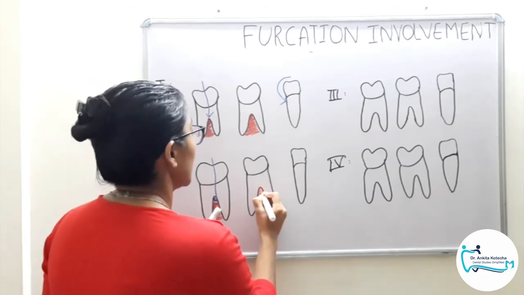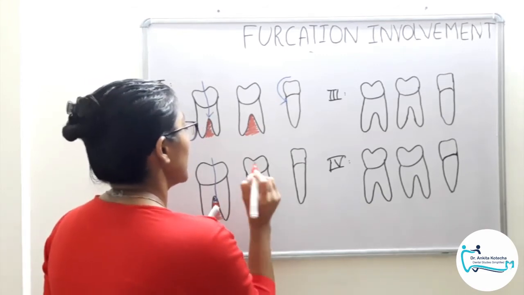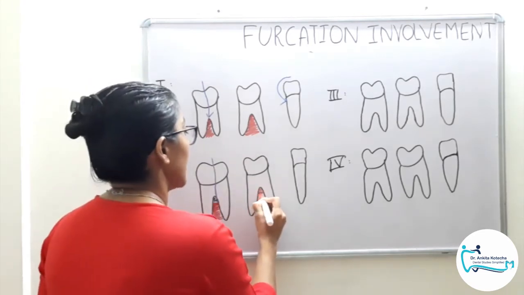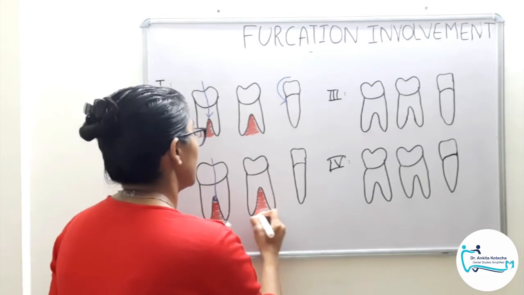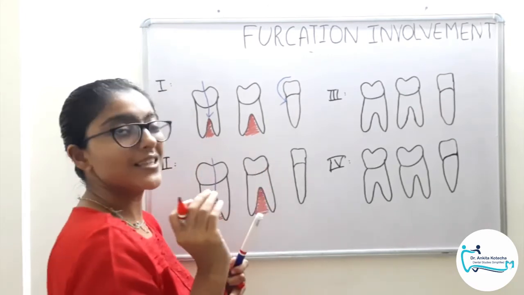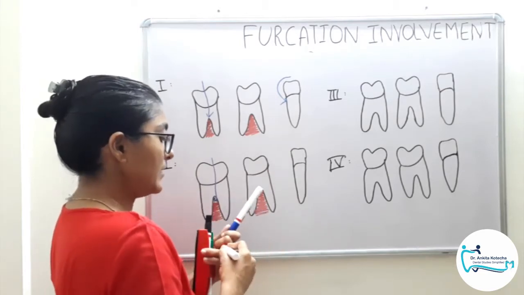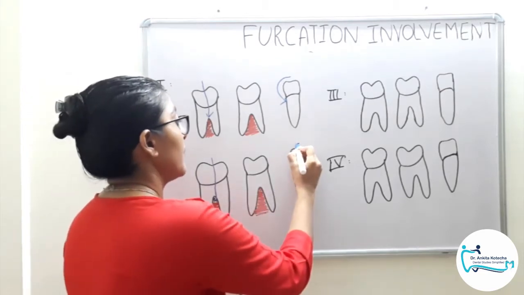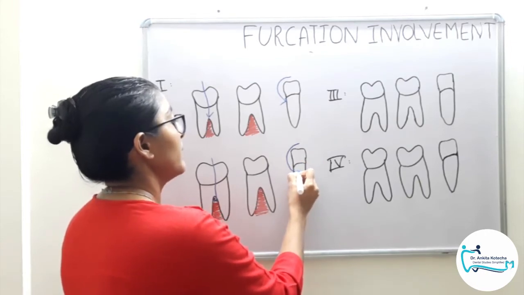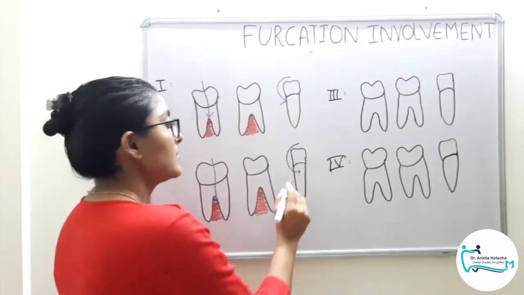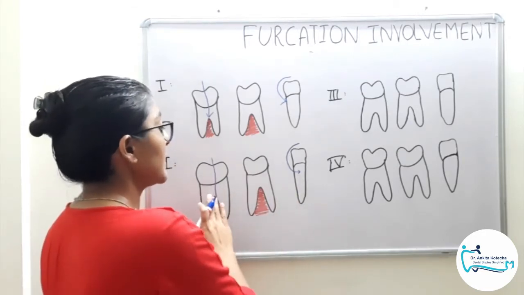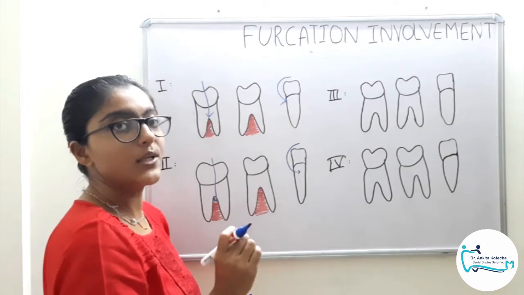So on radiograph we will see a diminished density of bone in that region, and rest where it will be normal density. So you can appreciate partial bone loss in the furcation, and hence clinically our Nabers probe will be able to enter the furcation partially. That is partial bone loss in the interradicular region. These are the clinical and radiographic features of grade 2.